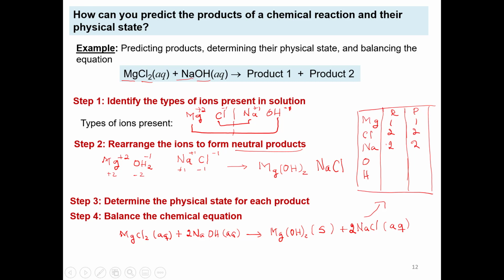Then we will write here, no problem, 2 and 2. Now hydrogen, remember this 2 multiplies everything, then we had 2 hydrogens on this side, and on this side we had 2 hydrogens. Then 2 and 2.